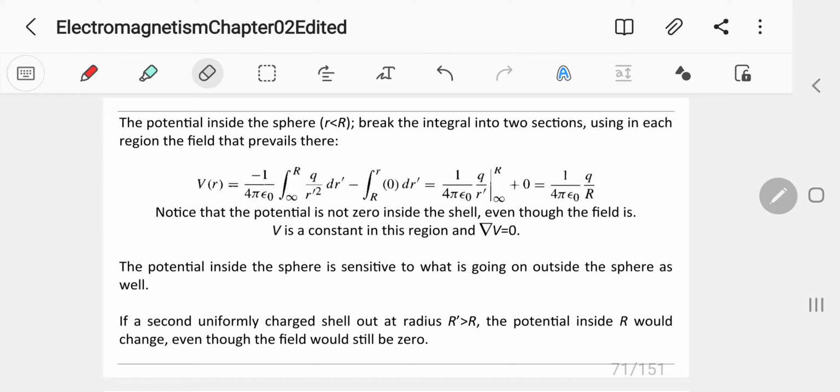For the potential inside the sphere, where small r is less than big R, we can break the integral into two sections.